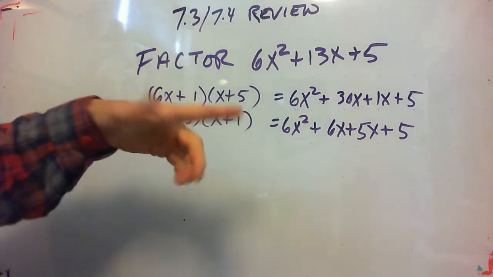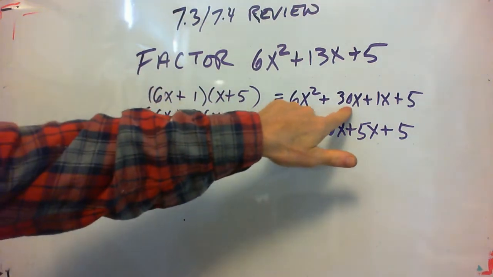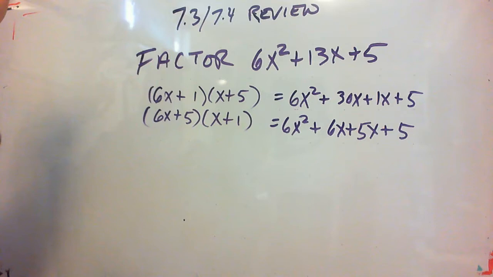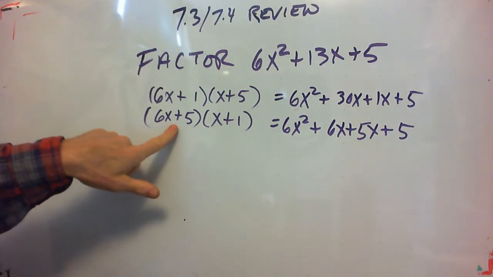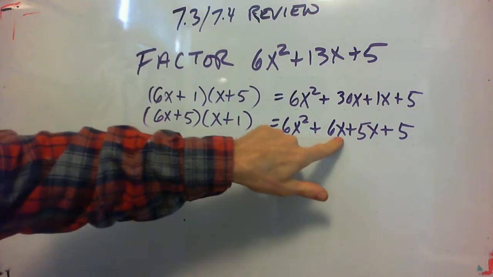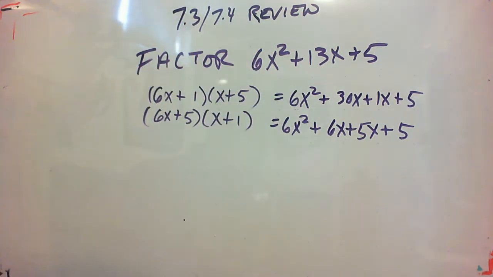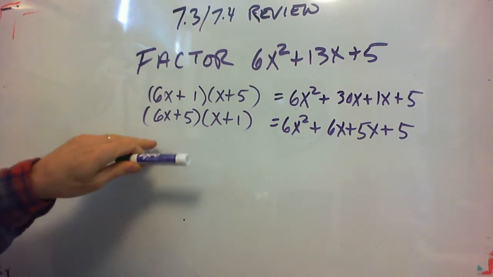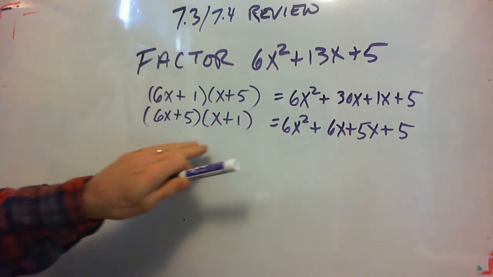So we have 6x plus 1, x plus 5. That gives us 31 x's. Way too many x's. The second possibility, when we multiply it all out, we get 11 x's, which is close, but no cigar. So we have to then look at possibilities that start out 3x and 2x.